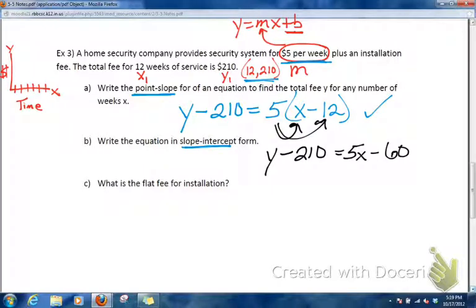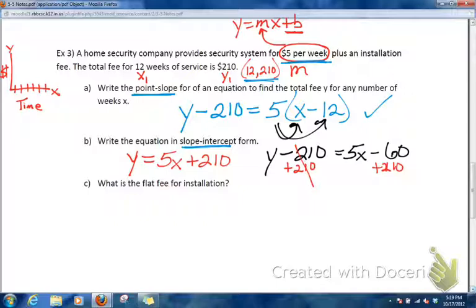And then you have to solve for y by adding 210. So my slope-intercept form of the equation will be y equals 5x plus 210.